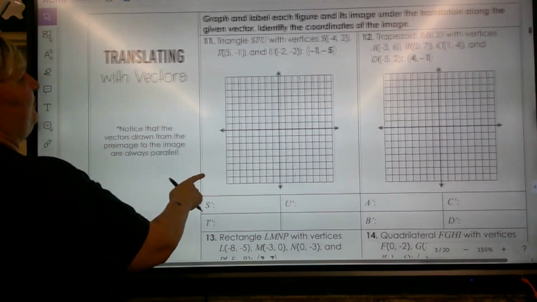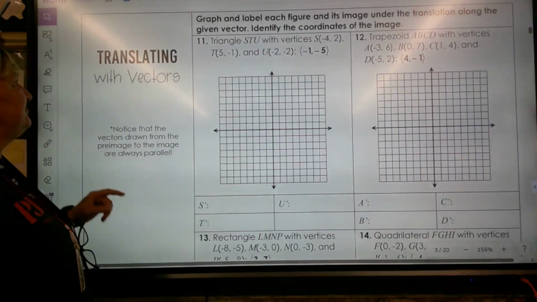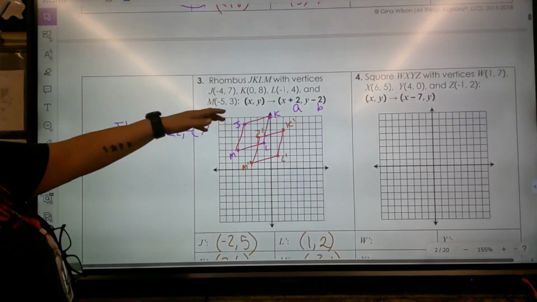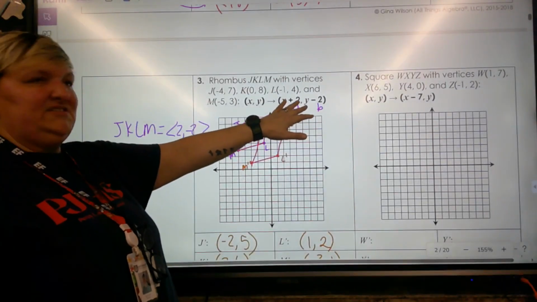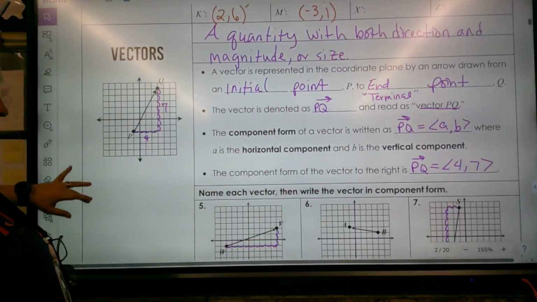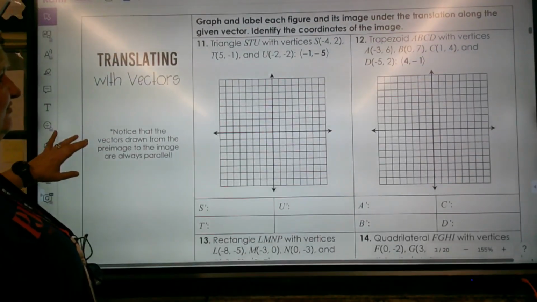Alright, translating with vectors. How is translating with vectors different from translating with this information? It's not. It's the same thing.